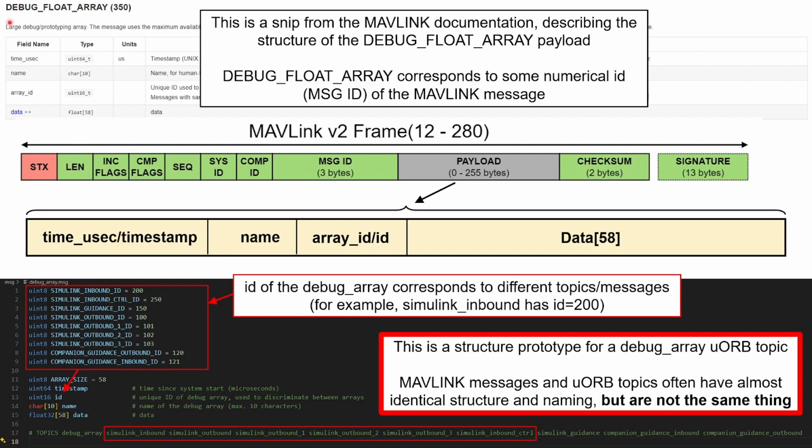A lot of the Mavlink messages and UART topics are essentially the same thing. They are called very similarly, and they have the same entries, or actually oftentimes. The UART topics just have extra fields related to PX4 functionality and how the Mavlink message that corresponds to this UART topic has to be interpreted internally.